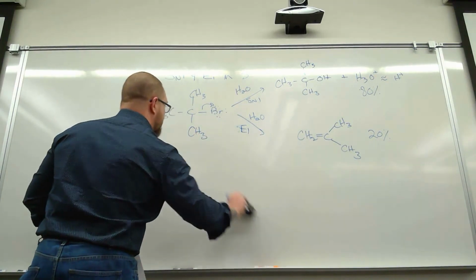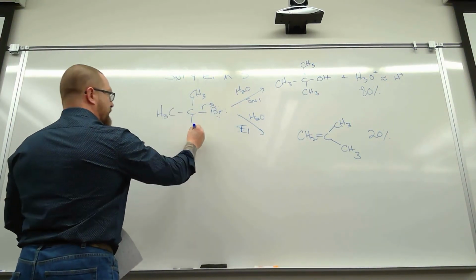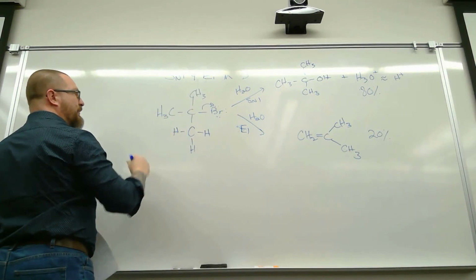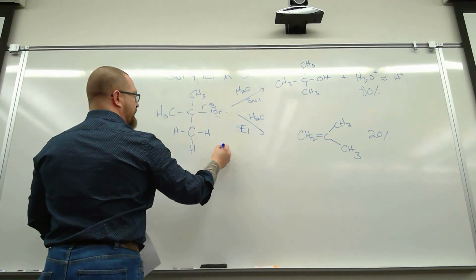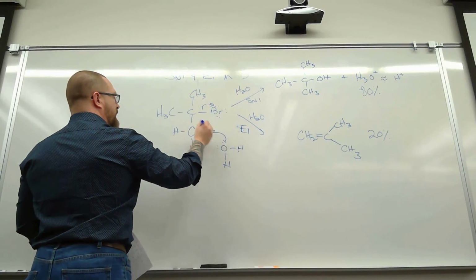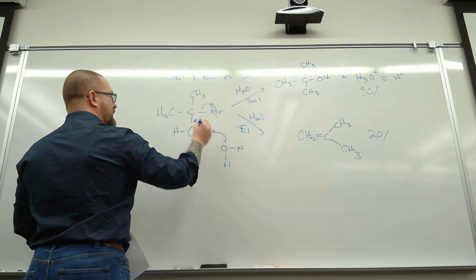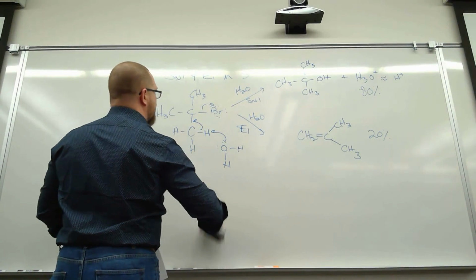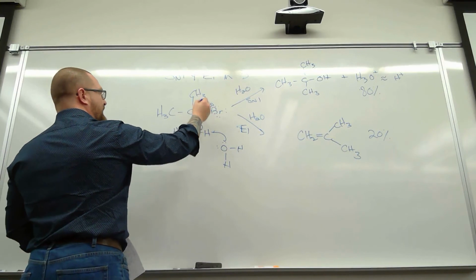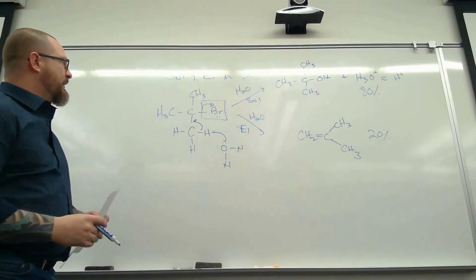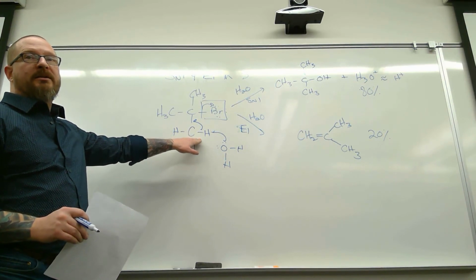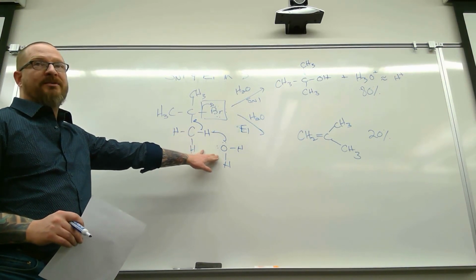For the E1, any of these 9 hydrogens are equally as accessible, but we do have to break a bond to satisfy that positive charge once the base comes in. This is looking like it's one step, but it's not, that's already gone. So breaking the bond is slower because we have this really weak base.